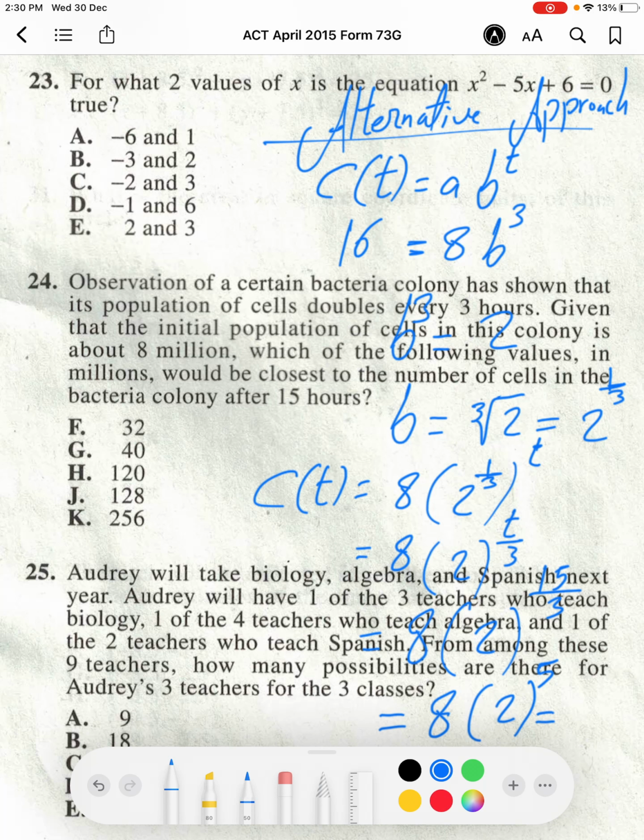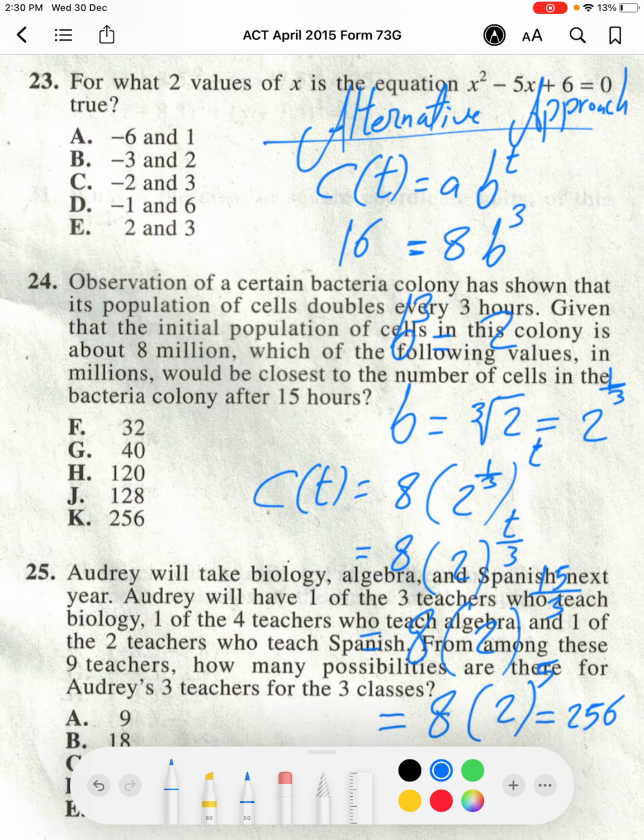Multiplied by 8, the result will be 256 million. Okay. This is another approach to solve this problem, to set up an exponential model.